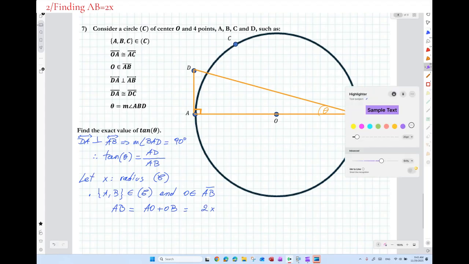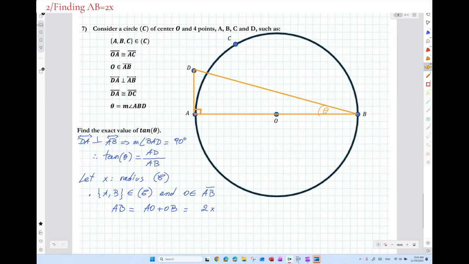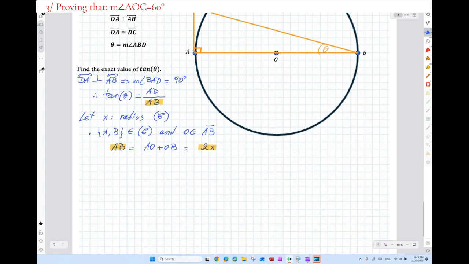So I have my first distance determined. Next, I will need to figure out DA.